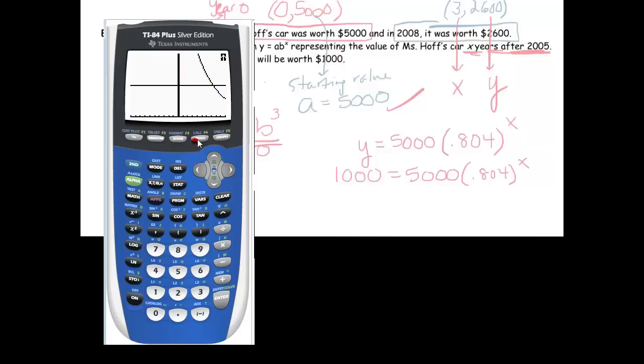I can see that intersection right there. Let's find that. And I found my intersection. And don't forget, it looks something like this. The intersection is at 7.377, 1,000. There we go.